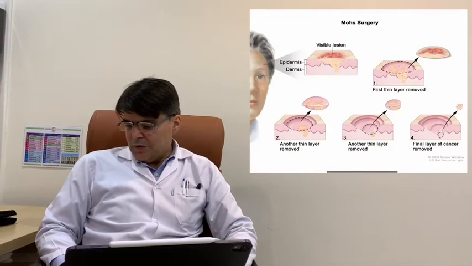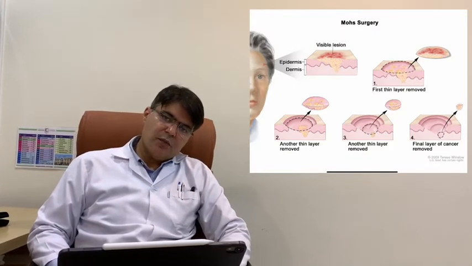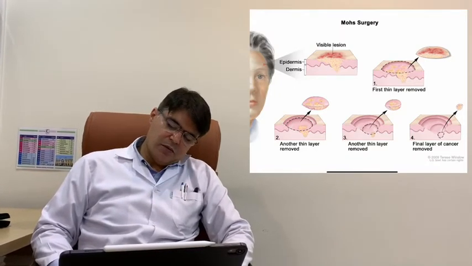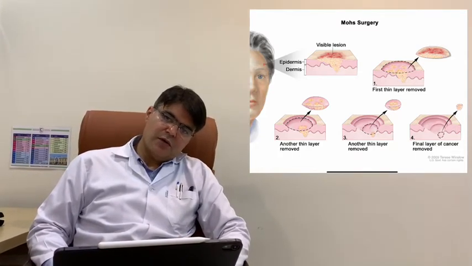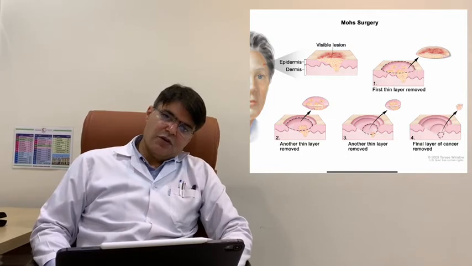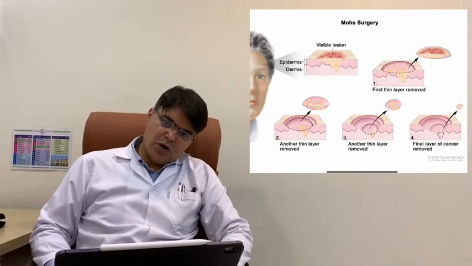There is one particular type of surgical procedure for skin malignancies, especially for those that are very big. We call it Mohs surgery. In Mohs surgery, the purpose of the surgery is to preserve the tissue as much as possible.